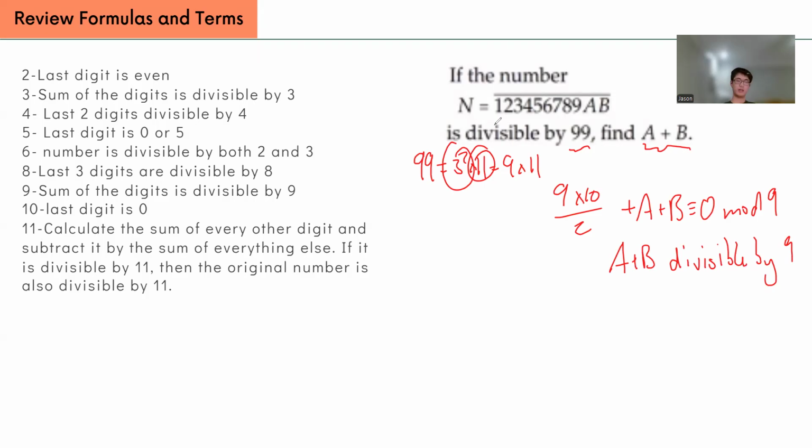If we're trying to do this the other way, finding A and B, we can go through and look at the 11 divisibility rule. For 11, we look at the alternating sum.